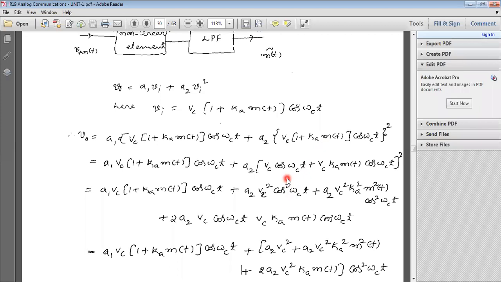So what is A here? Vc cos omega Ct. What is B? Vc Ka m of t into cos omega Ct. In the second term, first you multiply Vc into cos omega Ct, after that you expand in the form of a plus b whole square.